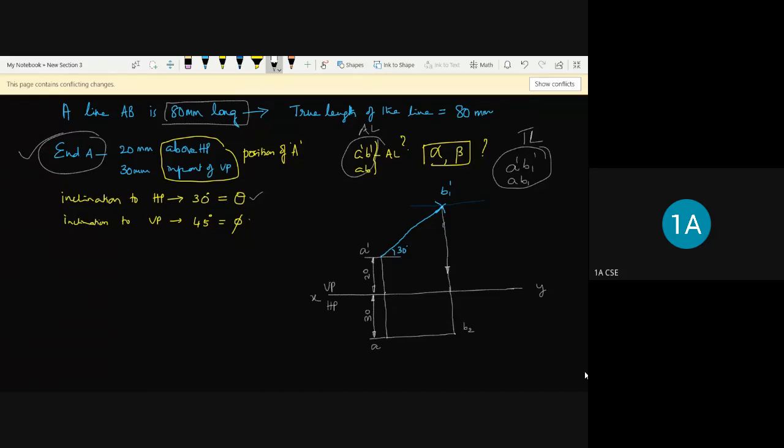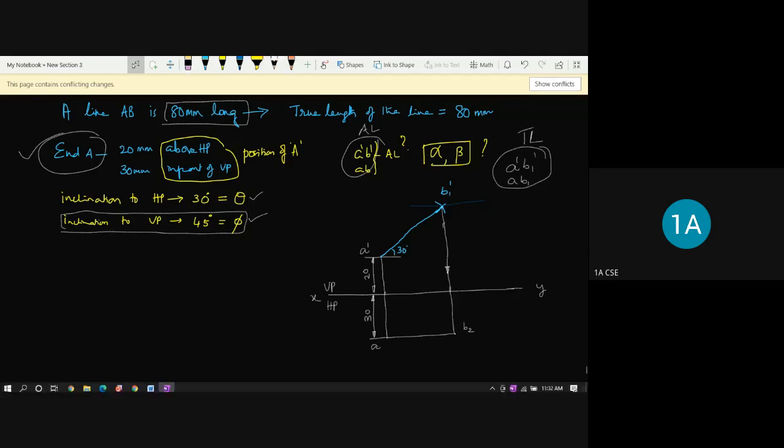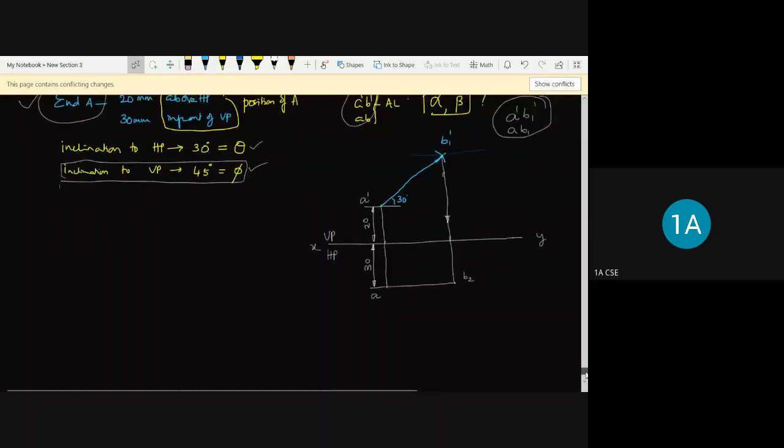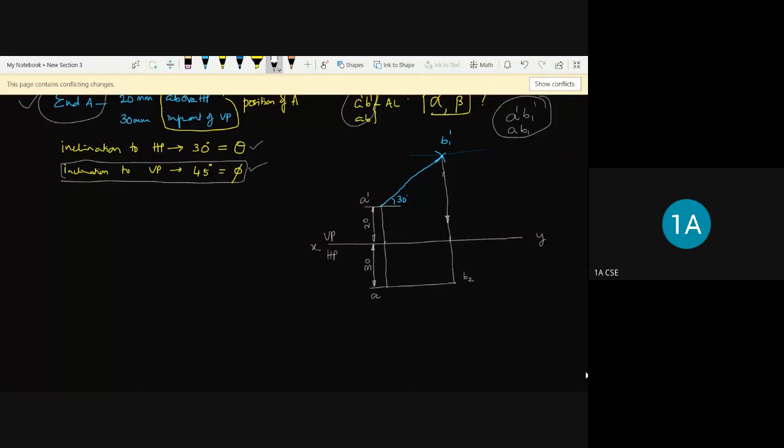Now the second thing to be constructed is the inclination with respect to VP, that is 45 degrees. From A we need to keep a 45 degrees line. So a 45 degrees line from A is to be drawn, for example here.